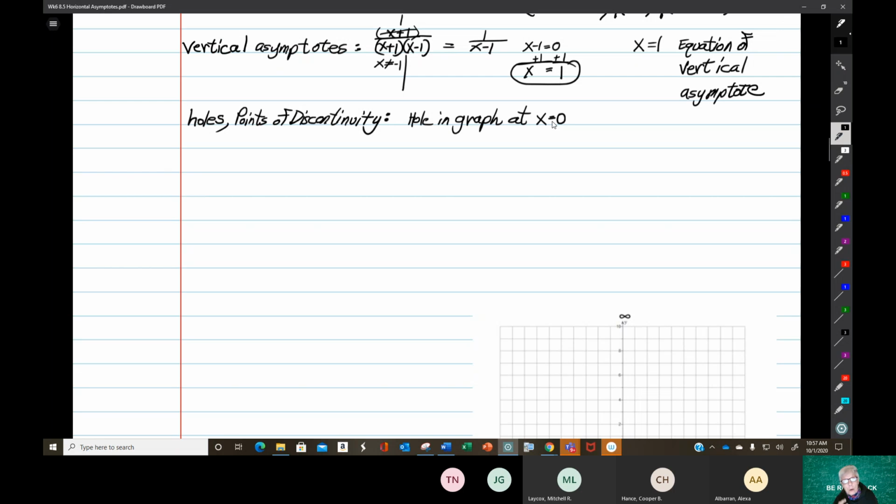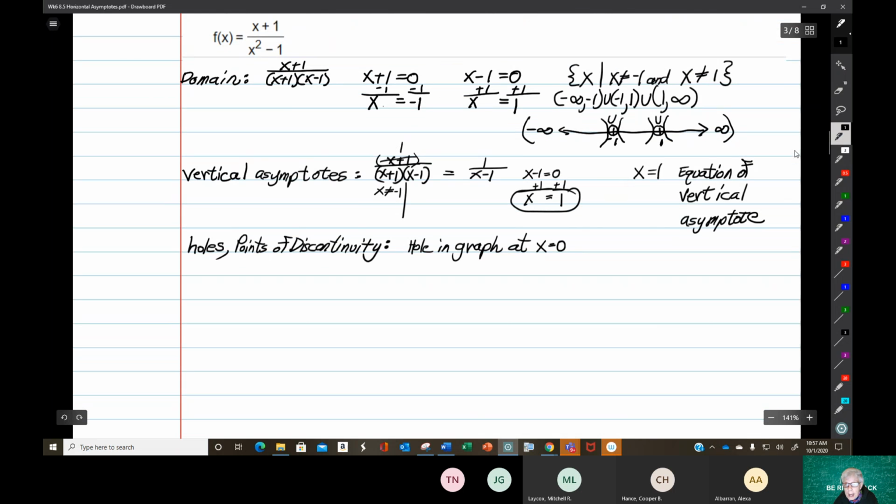Well, we can now find out what that point is because we have what f of x equals now. So we have to use the new version of f of x after the cancellation, otherwise you would end up with a 0 in the denominator.